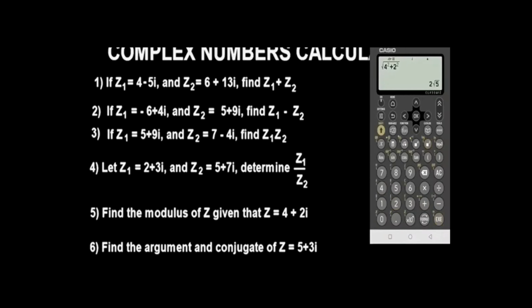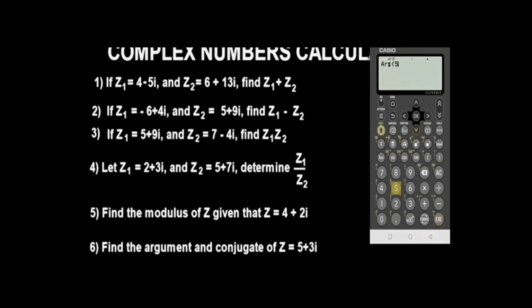Lastly, let's find the argument and conjugate of 5 plus 3i before I end this video. Alright, so for argument, you press this catalog button. You are seeing complex option, press execute. So locate argument. This is the argument, press execute. So argument of what?